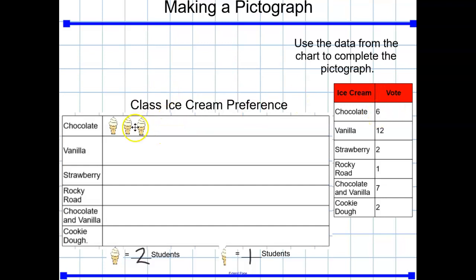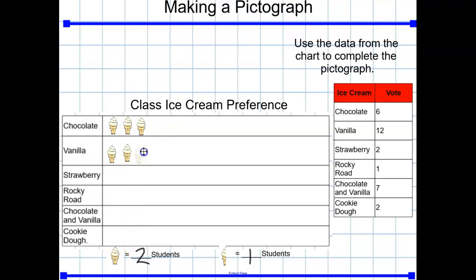So let's double check our work. 6 students preferred chocolate, and I showed that by using 3 symbols because each symbol is worth 2. So 2, 4, 6. You guys think of how many symbols would I need to use to show 12 students voted for vanilla if each symbol is worth 2? You're right. I would need to use 6 symbols, and I'm going to check my work when I'm done.